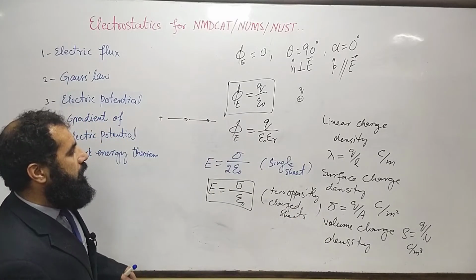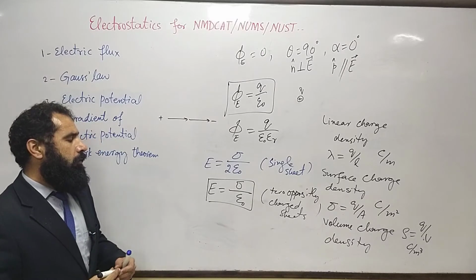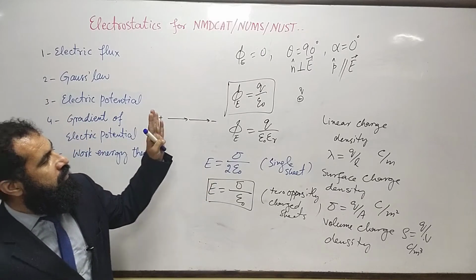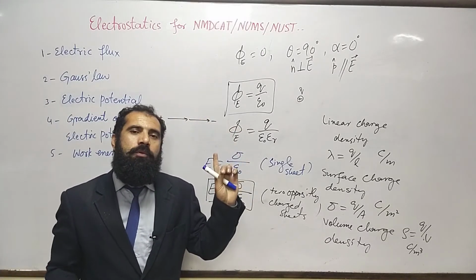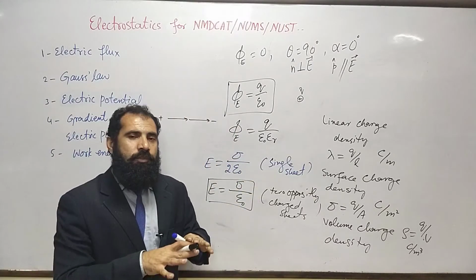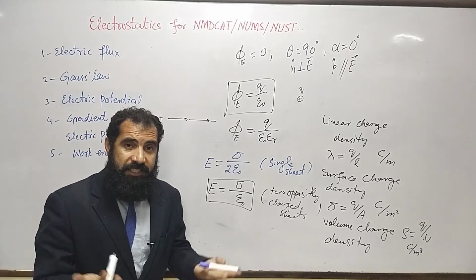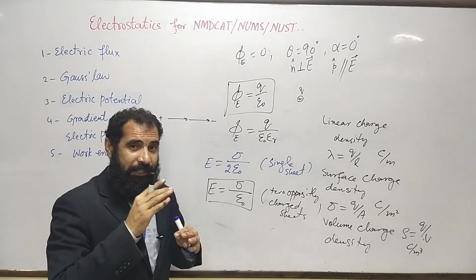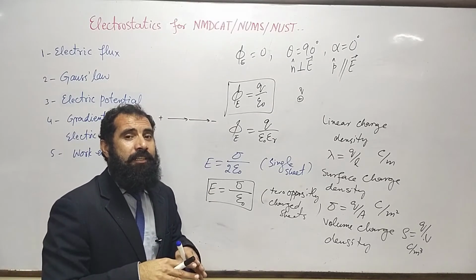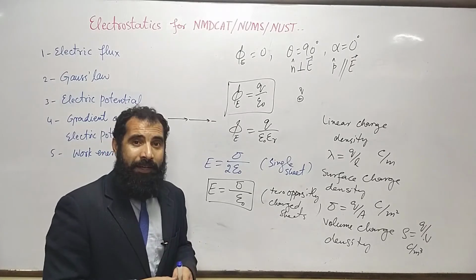And one thing here which I would like to discuss is that whenever you apply Gauss law, you assume some Gaussian surface. You assume a Gaussian surface because electric field intensity obeys inverse square law.